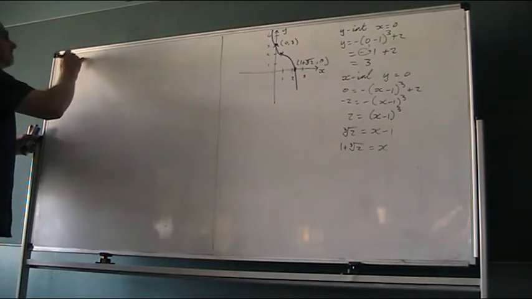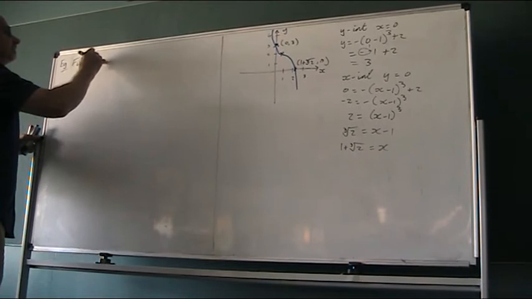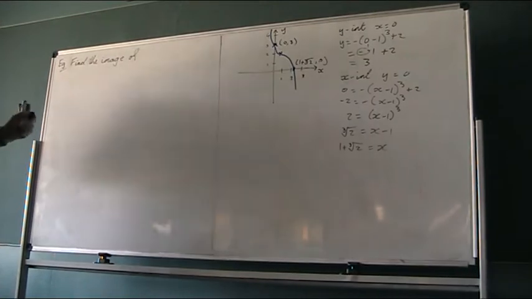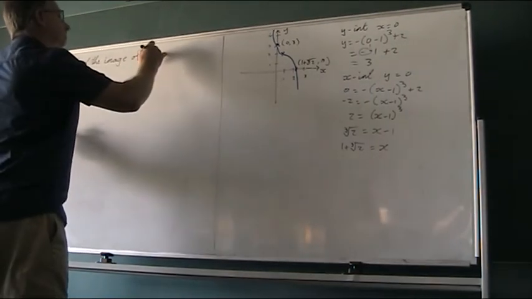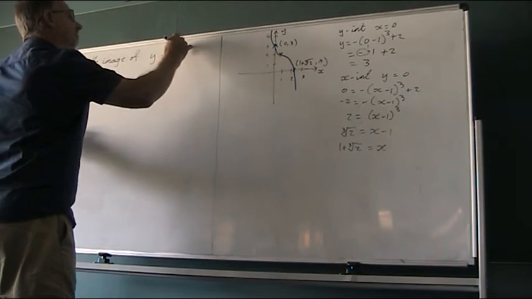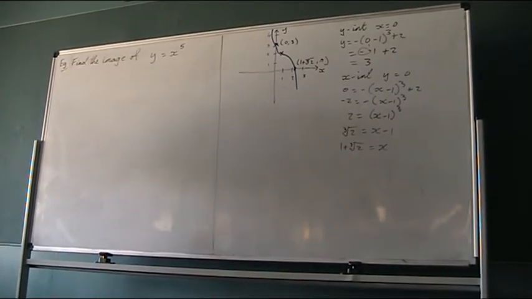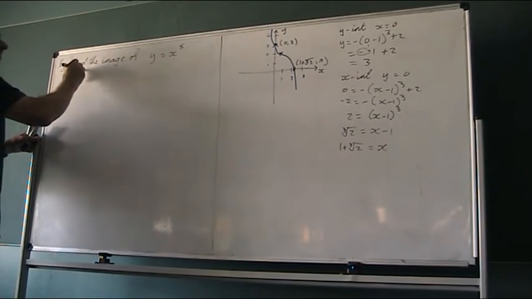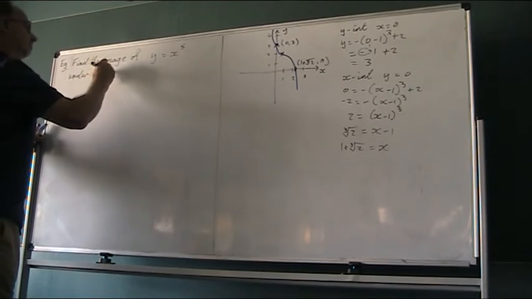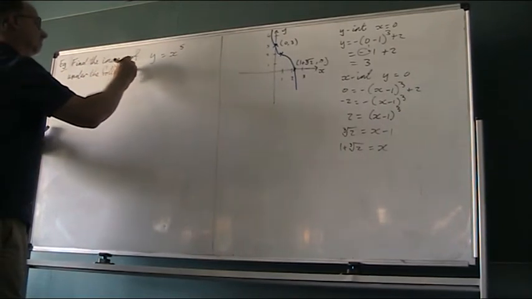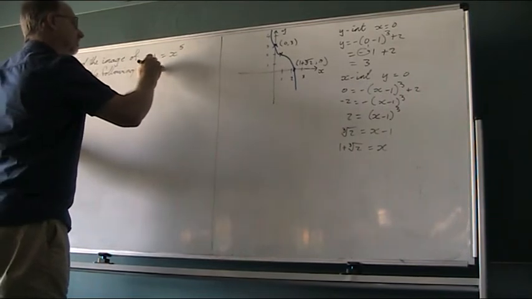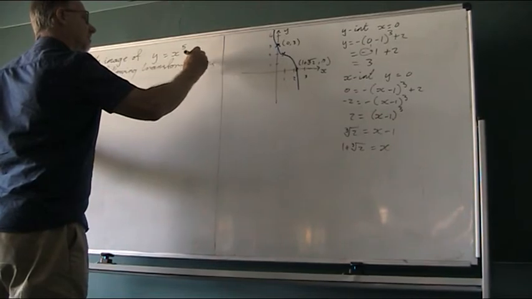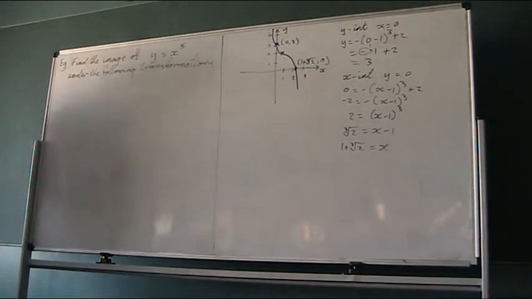So this question's asked us to find the image of y equals x to the 5 under the following transformations.